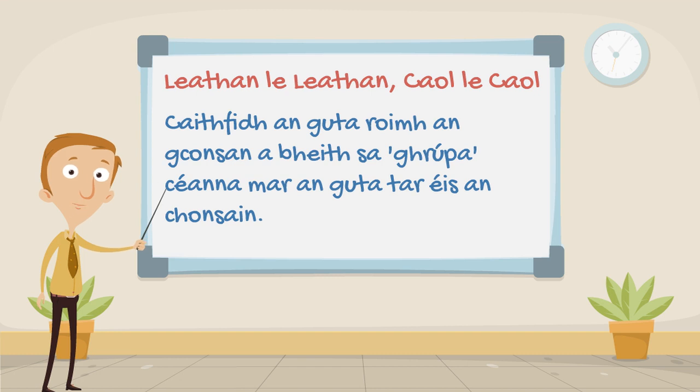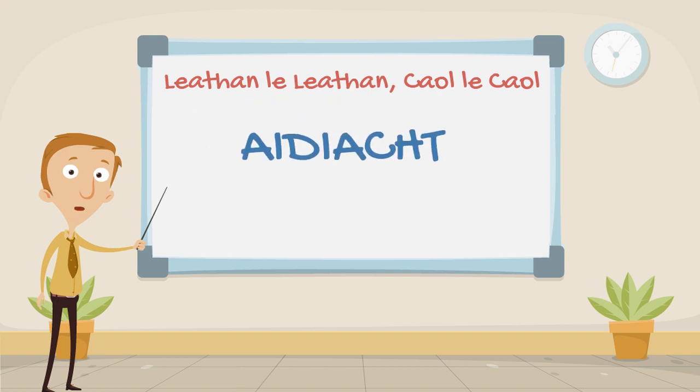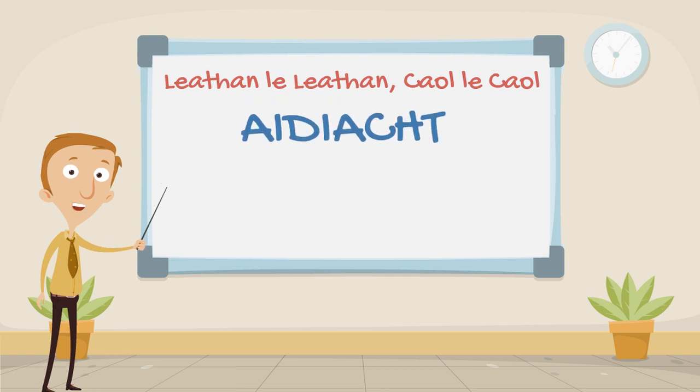For example, if we look at the word "aoiocht", there is a slender vowel before the D, therefore there is also a slender vowel after the D. In this case, both slender vowels happen to be I. This rule applies to 99% of Irish words, so learn it well.